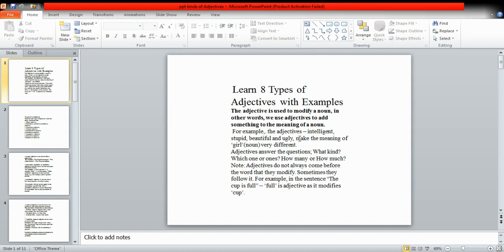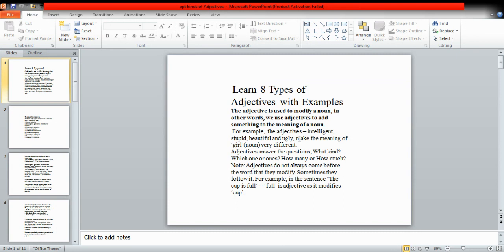Sometimes it is there to precede a noun. Suppose I say an ugly boy or a beautiful girl. In these phrases, beautiful and ugly are adjectives. But it is not always the case that we find adjectives before a noun.